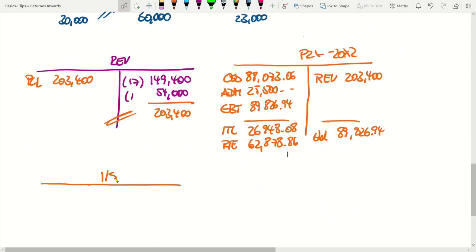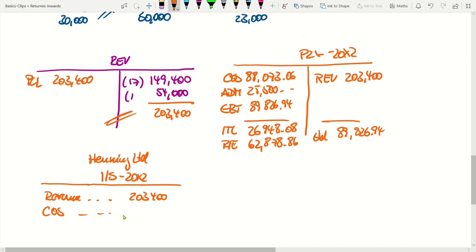So there is the income statement for the company Heuning Limited, and it is for 2002. So I record the revenue to the extent of 203,400. I record the cost of sales, which I deduct therefrom, which will give me the 88,073.06.